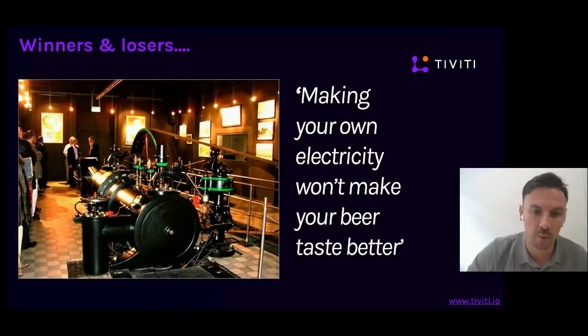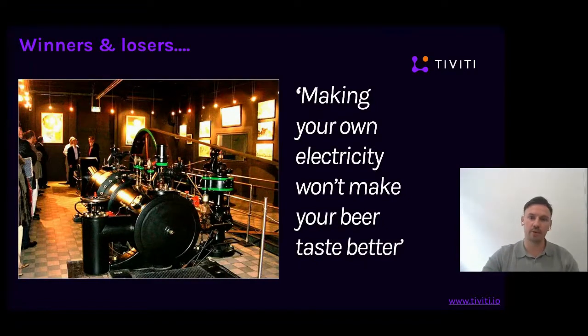And just a little quote here that helps set the scene on this before we dive into some of the social housing technology specifics. This is a famous quote that making your own electricity won't make your beer taste better. It is taken from 19th century brewers.